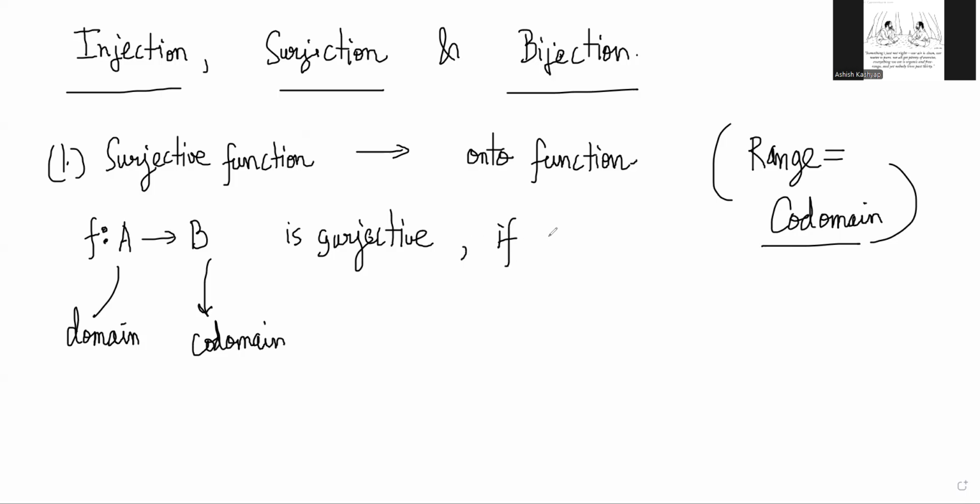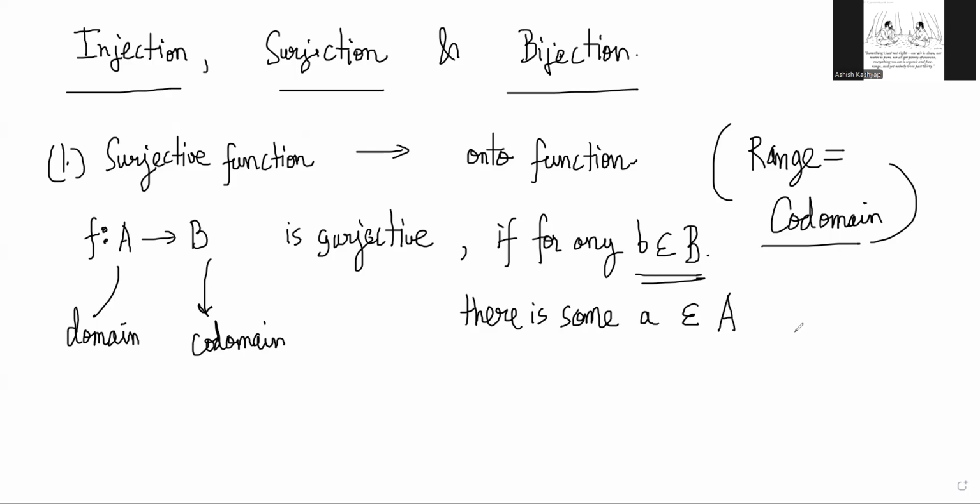if for any b belonging to the set B, if for any b belonging to the codomain, there is some a belonging to the domain such that f of a is equal to b.